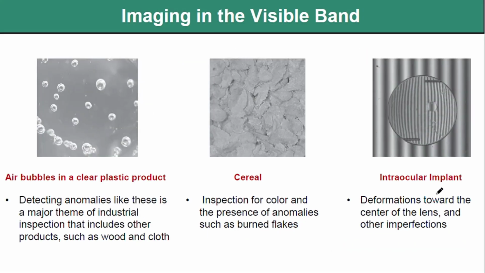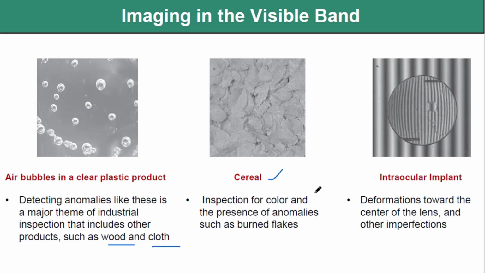Yes, these are some other applications of digital image processing in the visible band imaging. The first one is used to identify the air bubbles in plastic product. It can also identify these type of anomalies in wood and cloth also. Yes, another use is inspection for color in the presence of anomalies such as burn flakes in cereal.